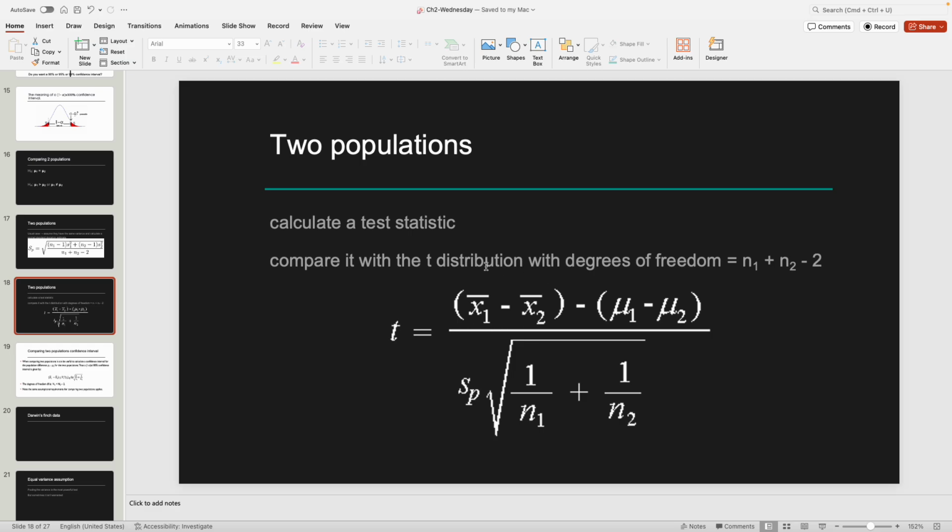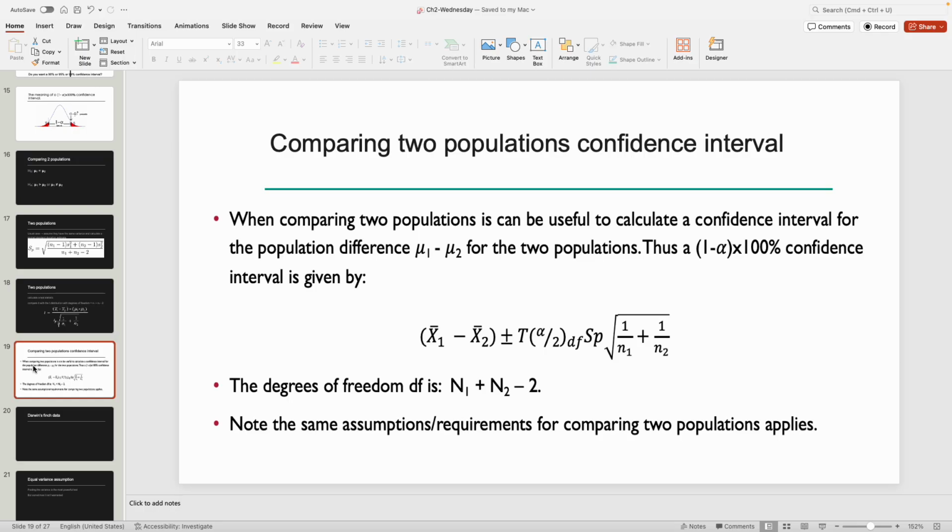This t-statistic provides evidence in favor of the null or the alternative, and then we calculate a p-value, just as we did before, to assess how rare that is, how consistent our data is with our null hypothesis. Just like before, when we have two populations, it's useful to calculate the confidence interval on the difference.